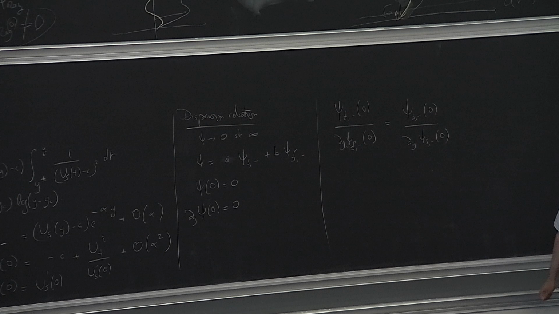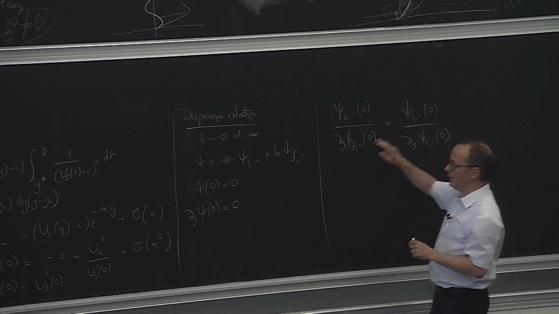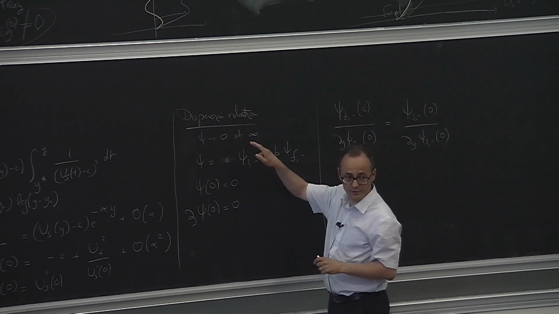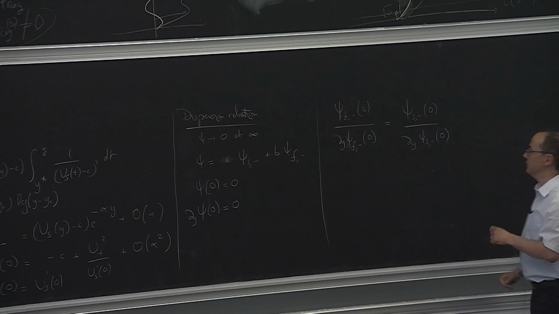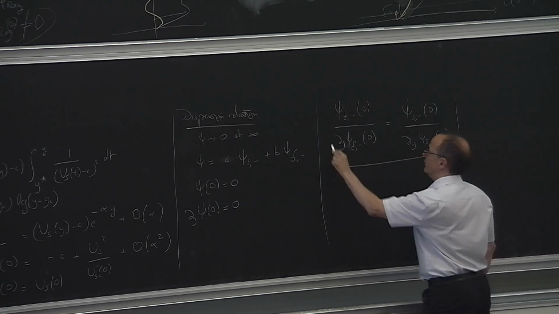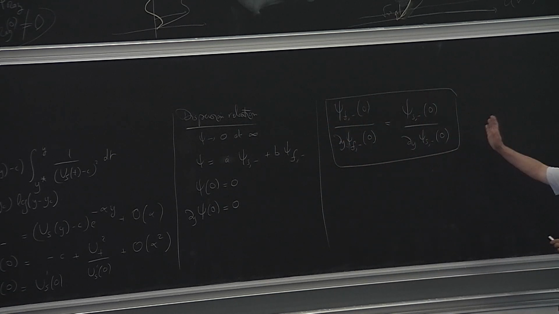So this is the dispersion law. Because if we have this relation, then we can find B_0 such that the conditions are satisfied. So this is the dispersion relation. It's not a big deal. It's true for any fourth-order differential equation with two solutions going to 0 at infinity.